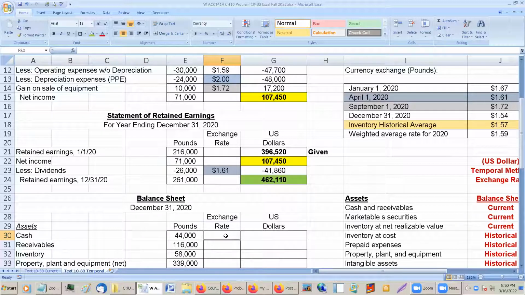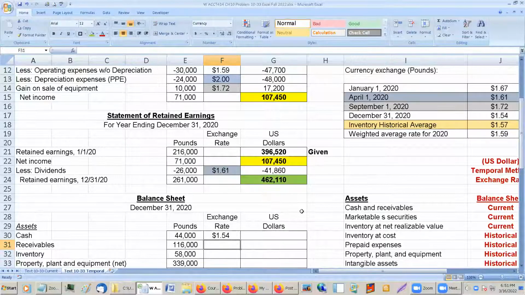So December 31, yep, 155. On the test, the biggest confusion is between the average rate and the current rate. The average rate is generally for the income statement. The current rate, in other words, the last day of the year, would be for the balance sheet. Okay. So 144, and it'd be the same thing for receivables.